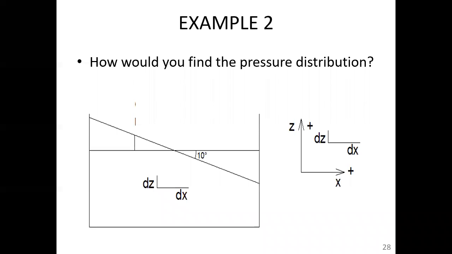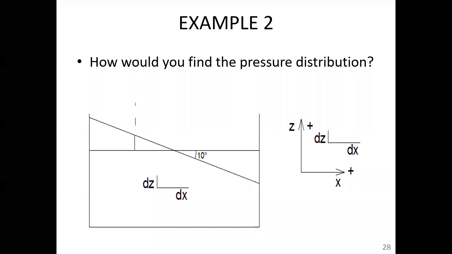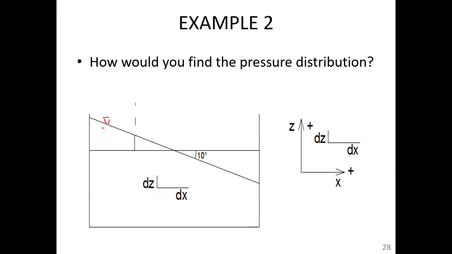How would you find the pressure distributions? So this was our system. Again, this is the final state, and that was the initial state. So it was at rest, horizontal surface. Accelerate to the right at 1.73 meters per second squared, and you get a fluid surface of 10 degrees off of the horizontal. Note the symmetry.